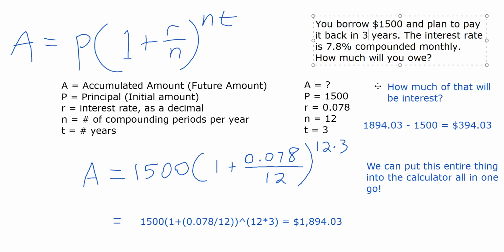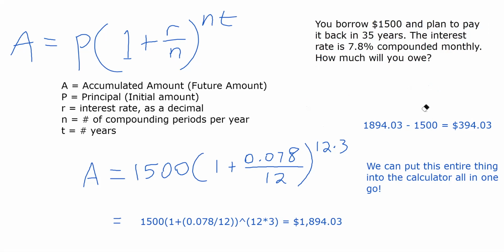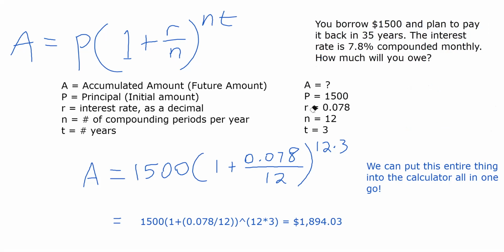But let's say you were paying it back in 35 years. Now, would you ever borrow money for 35 years like that, a single sum, and not make monthly payments? Probably not. So we're just kind of playing pretend with it. So all we're going to have to do is use a 35 instead of a 3.